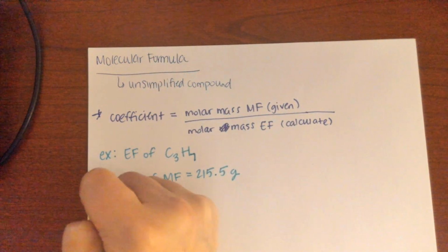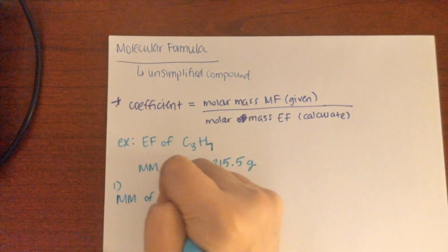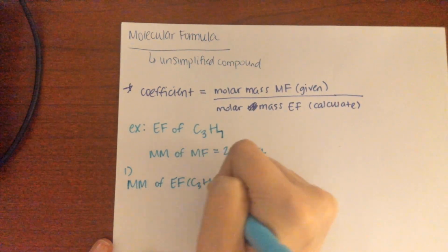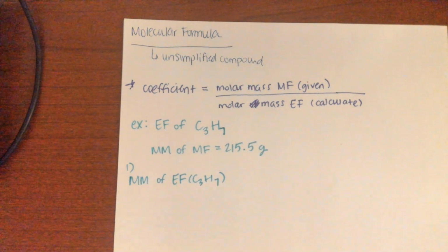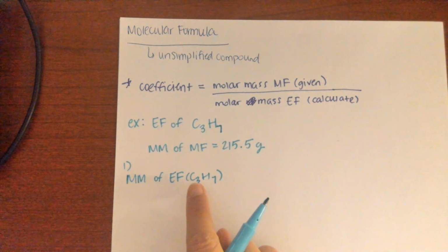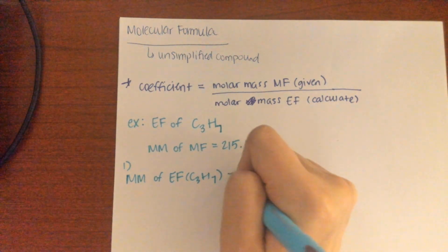So our first step is the molar mass of my EF, empirical formula, C3H7. At this point, you should know how to find the molar mass. You just add 3 carbons and 7 hydrogens together.